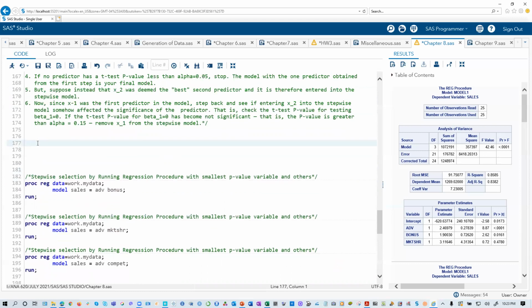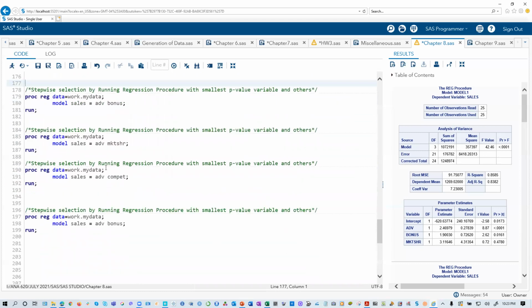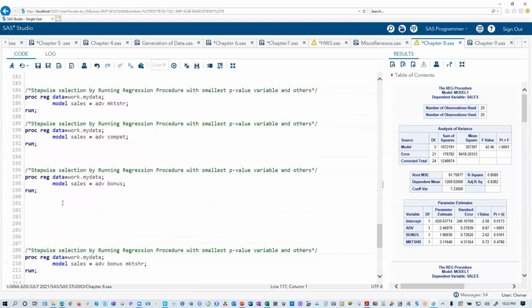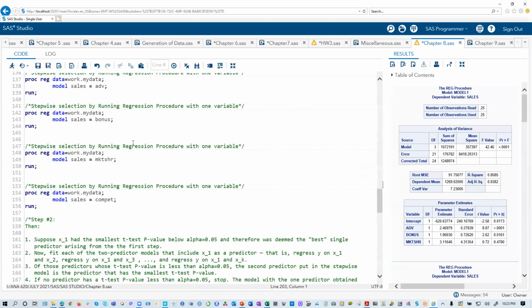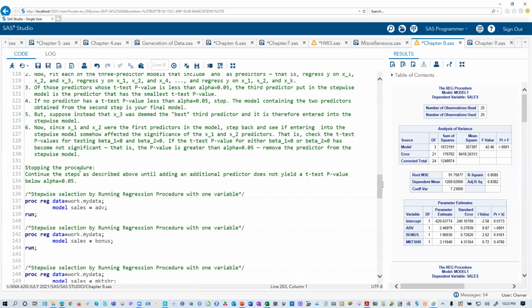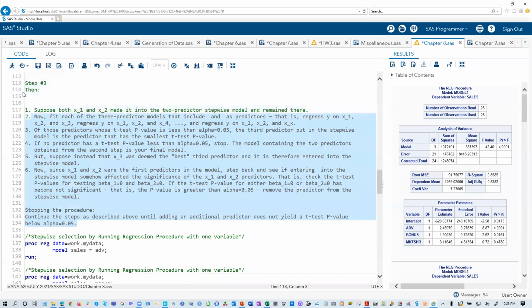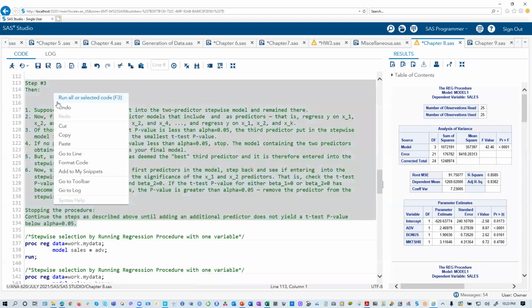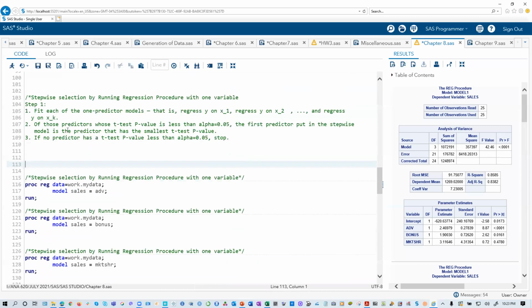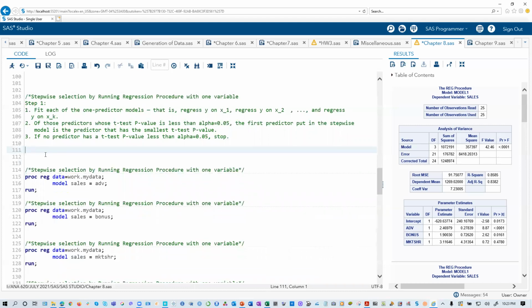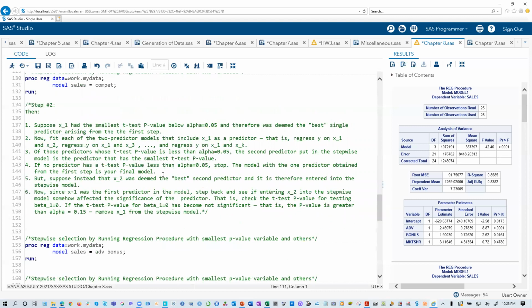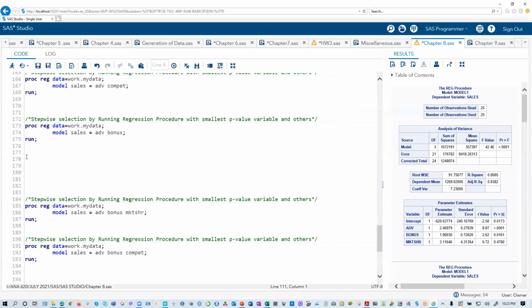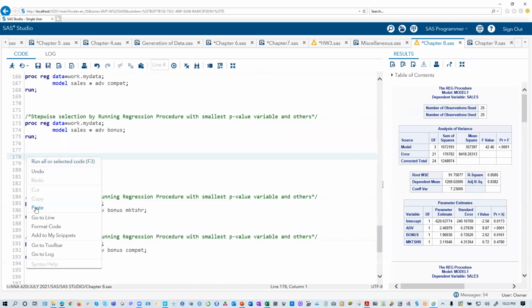That's step 2. After step 2, when we go to step 3, I'm going to cut them out. So step 1, step 2, step 3, with the 3 of them.